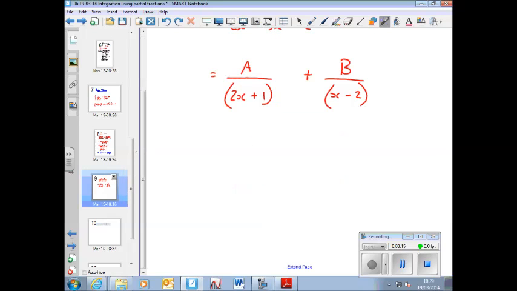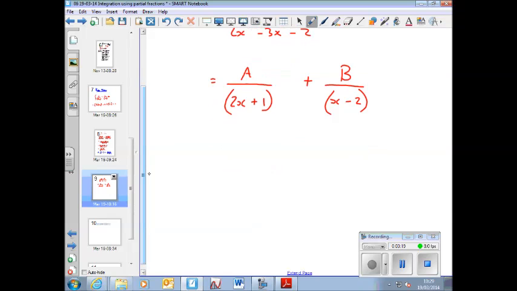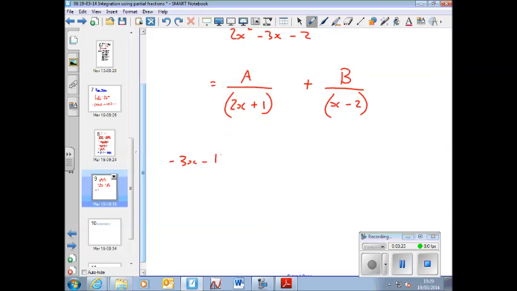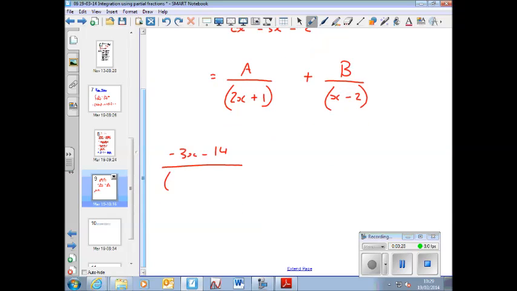So this expression, minus 3x minus 14 over 2x plus 1 times x minus 2, equals some number over the 2x plus 1 factor plus some other number over the x minus 2 factor.